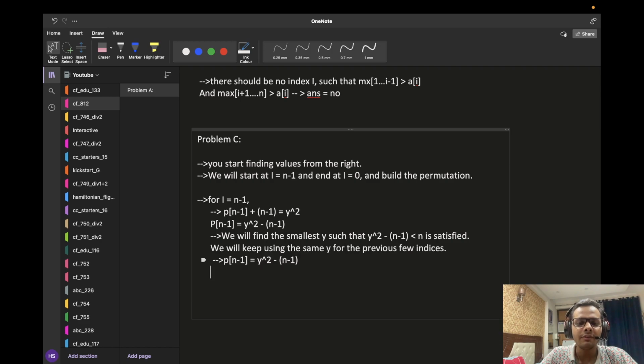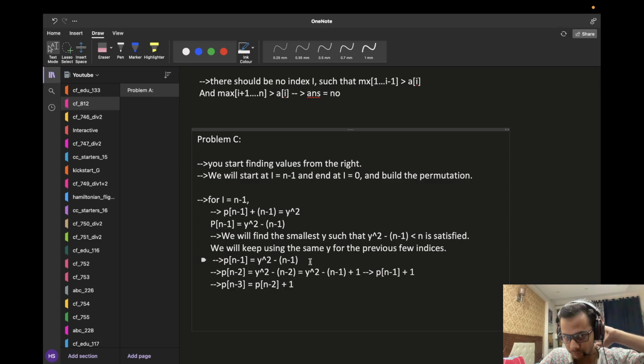Now if we use the same value of y for n minus 2, what we'll get is p of n minus 2 is equal to y square minus n minus 2, which is equal to y square minus n minus 1 plus 1. So this is nothing but p of n minus 1 plus 1, right? And if we keep doing this, we'll get p of n minus 3 is equal to y square minus n minus 3, which is basically p of n minus 2 plus 1, right?